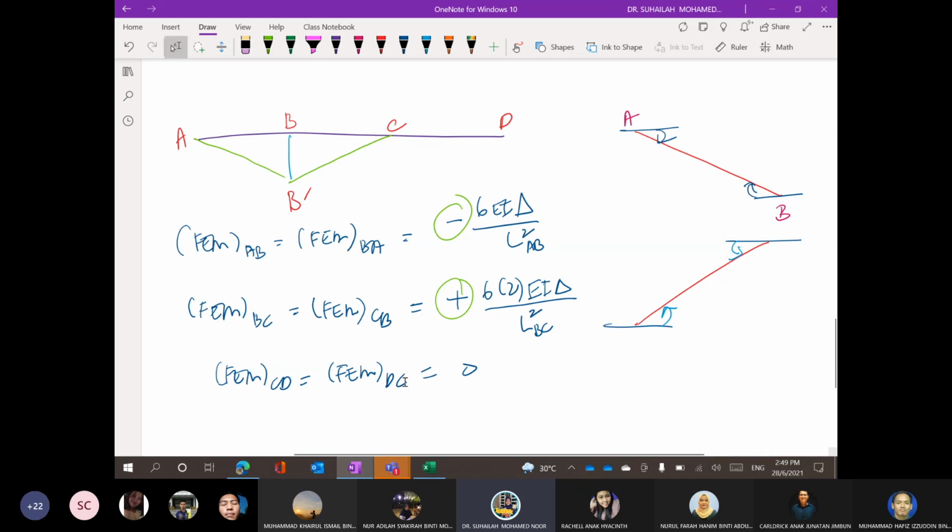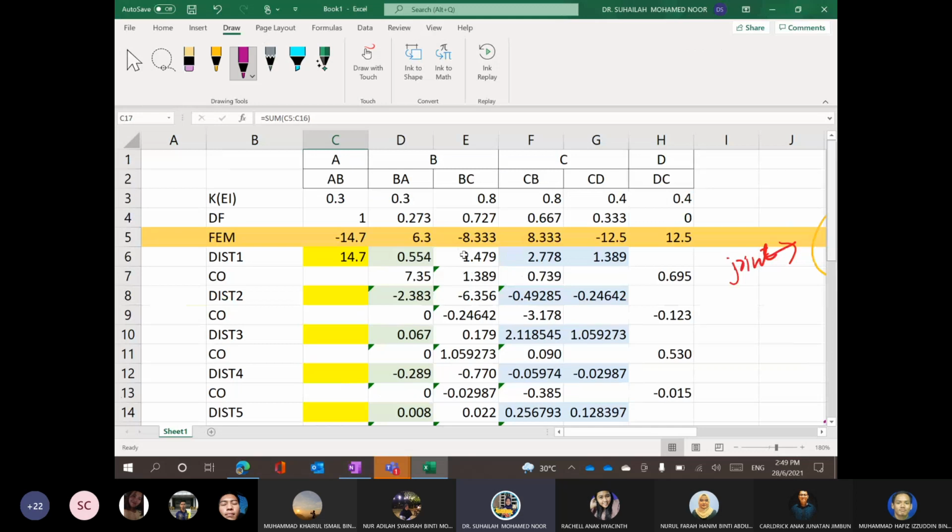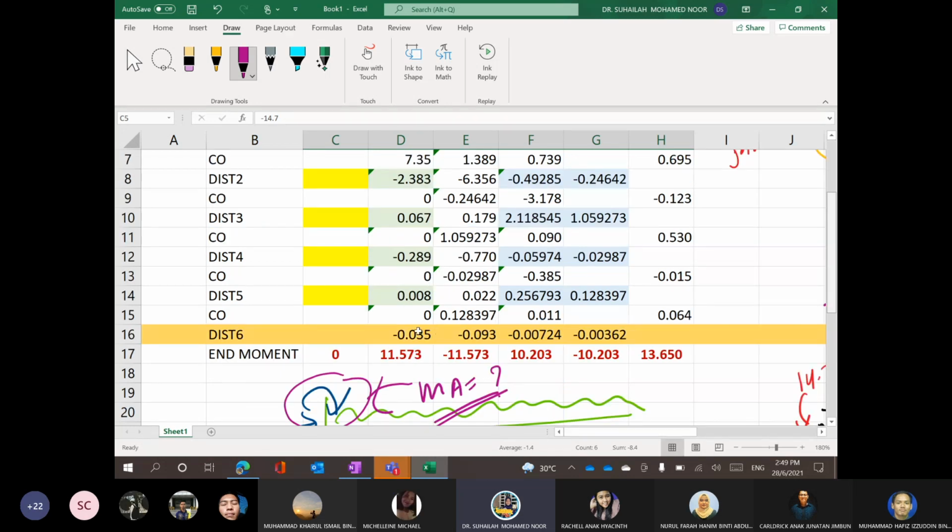So I want you to continue in the table. If you have set the table for calculation, it can be done either by changing the FEM value and putting the total FEM here, or you can make another table: one for external load, the second for settlement, and then you will have two end moments and add both.